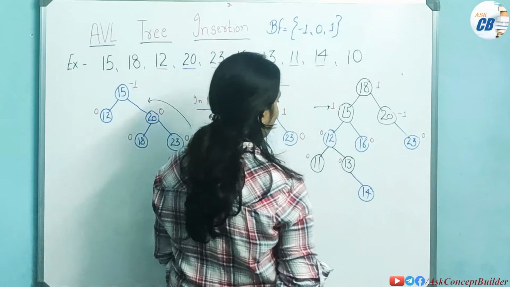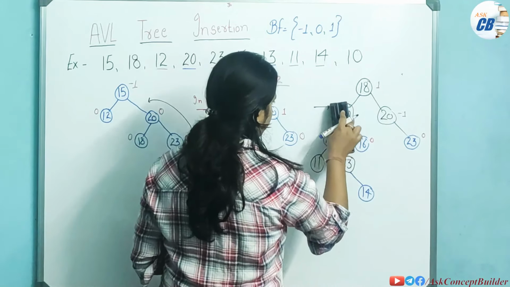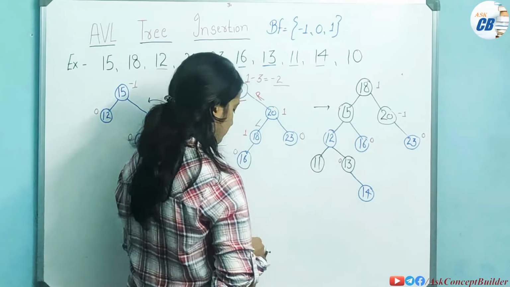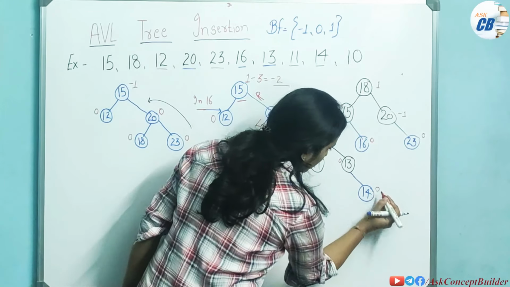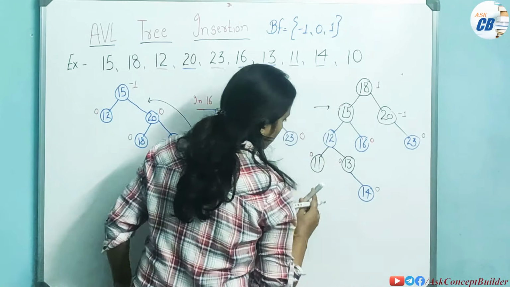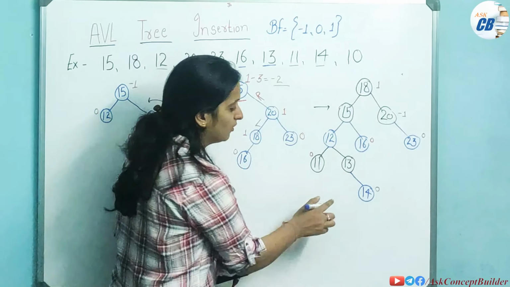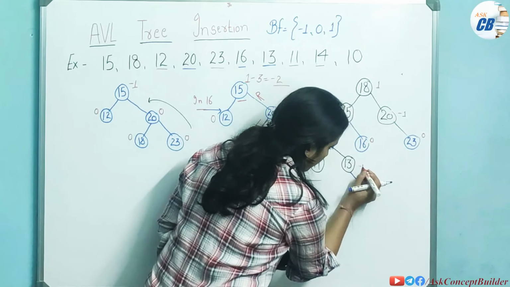to check whether our tree is balanced or not. Now see, the balance factor for this node will be 0. Now the balance factor for this node will be 0. Again we'll see the balance factor for this node. So the balance factor for this 13 will be 0 minus 1 is minus 1.